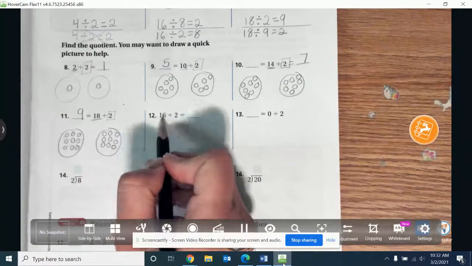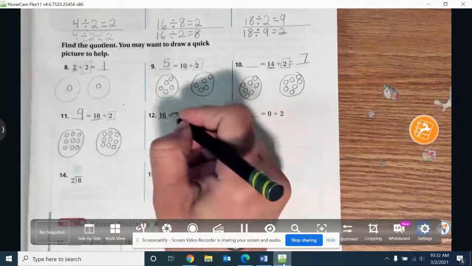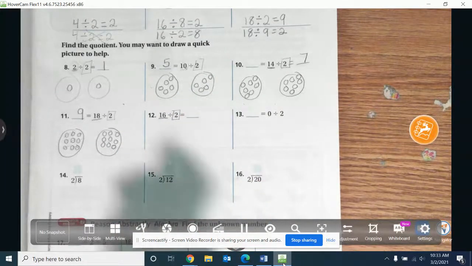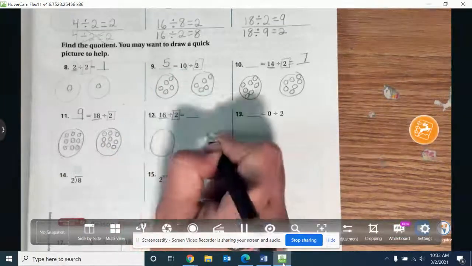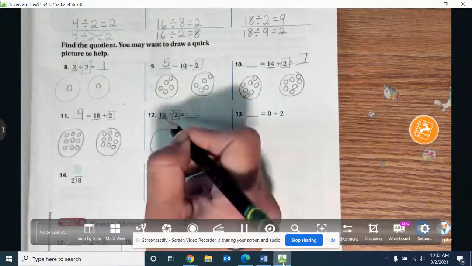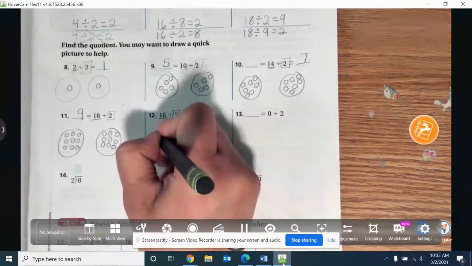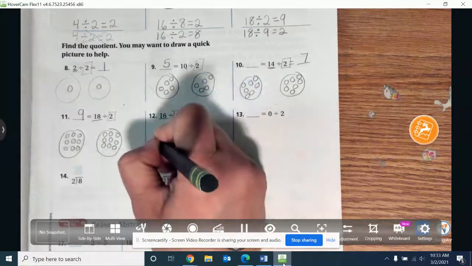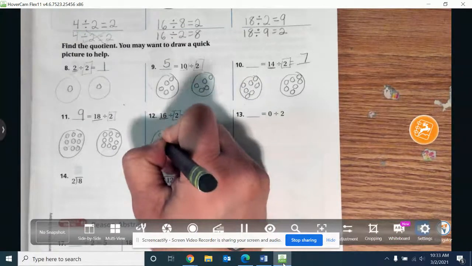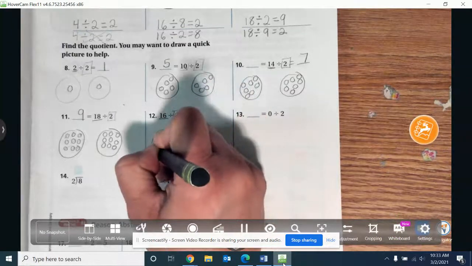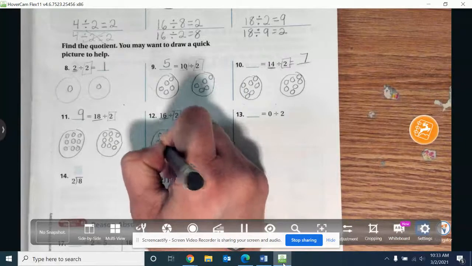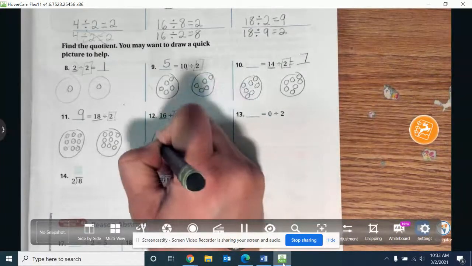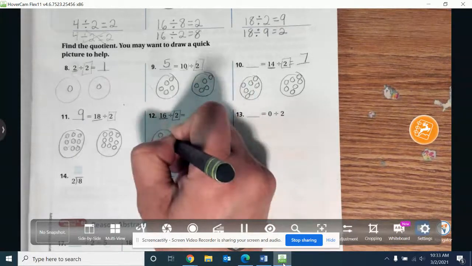Again, number 12, the large number tells me the total, and the next number tells me the groups. Two groups, this time 16 total. 1, 2, 3, 4, 5, 6, 7, 8, 9, 10, 11, 12, 13, 14, 15, 16.